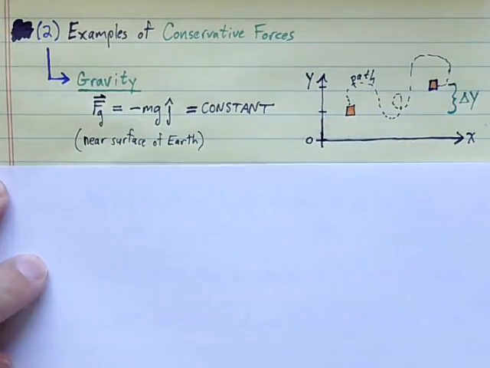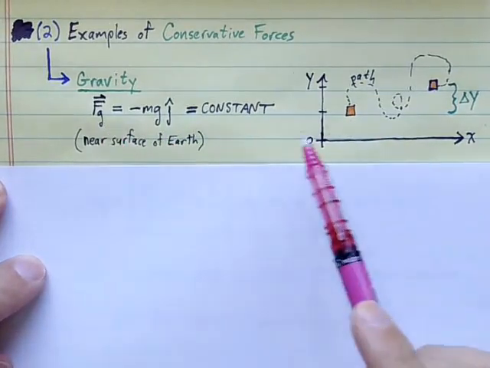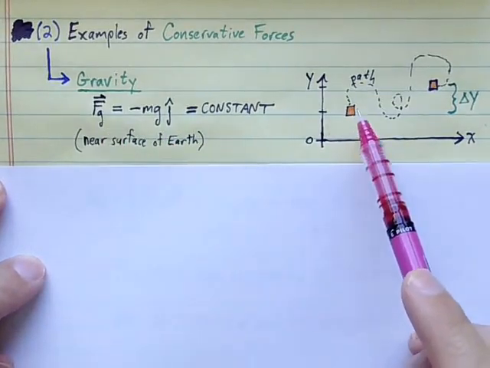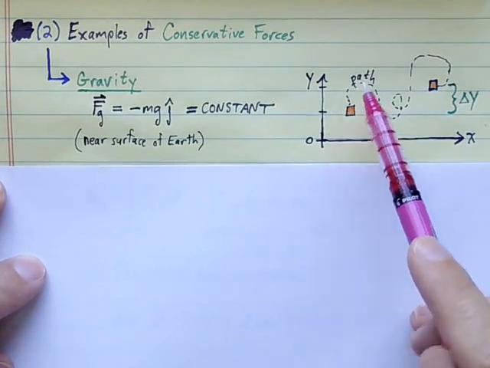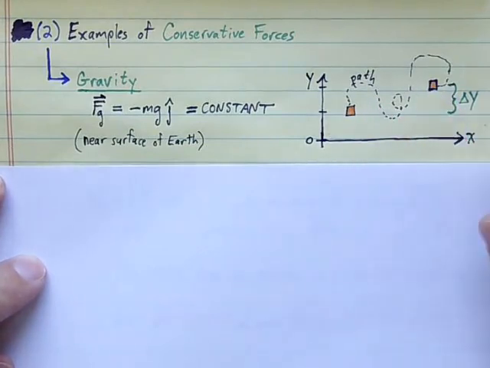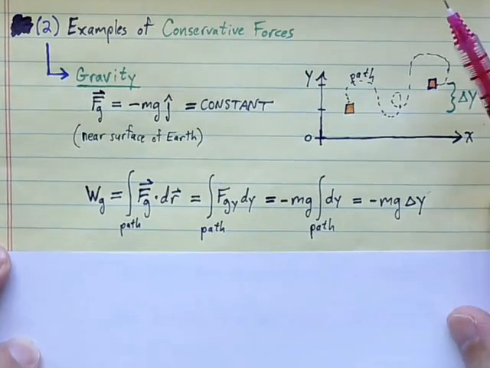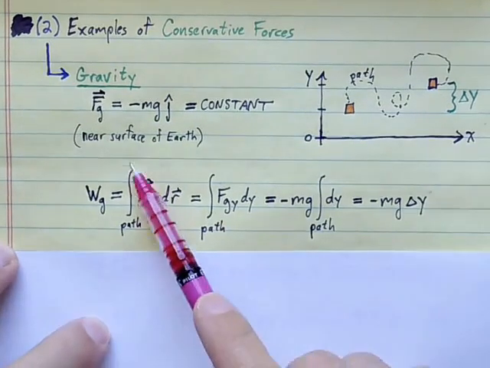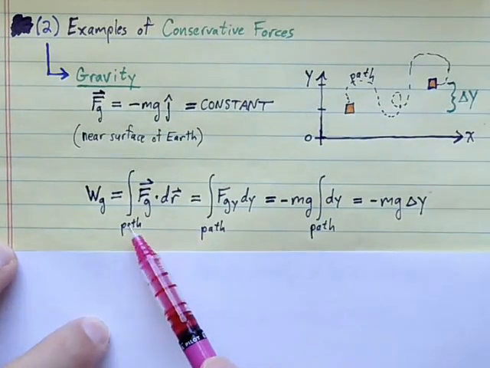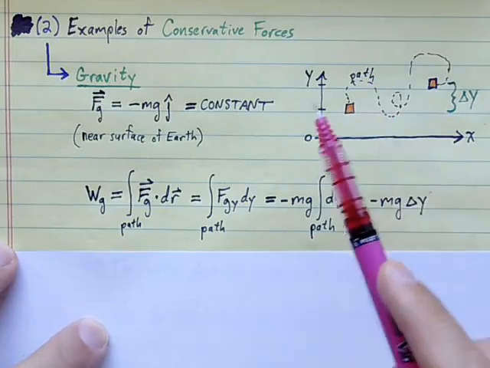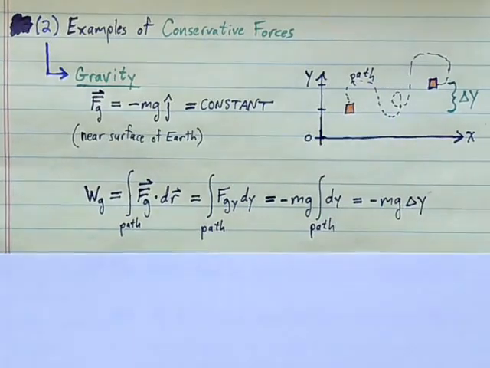So if we compute the work done by the force of gravity on this object as it moves from its initial position to its final position, we get this. Work done by gravity, we integrate Fg dot dr along that path.